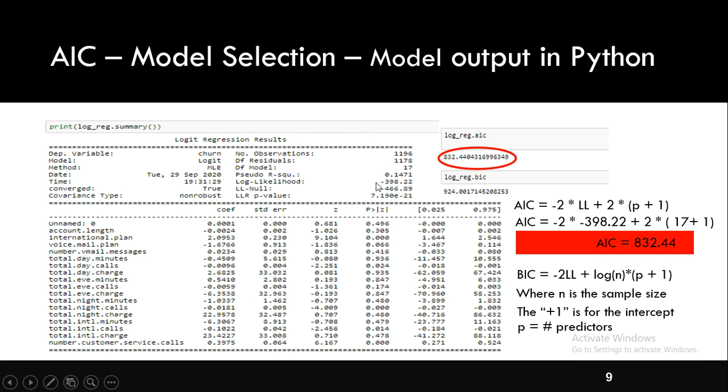And log likelihood. So what is log likelihood? It is the natural logarithm of the maximum likelihood estimation function. MLE is the optimization process of finding the set of parameters which result in best fit. And the LL null is the value of log likelihood of the model when no independent variable is included, only an intercept is included.